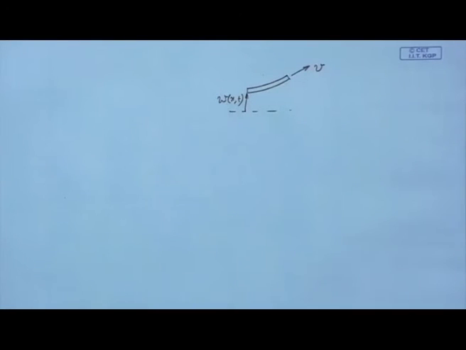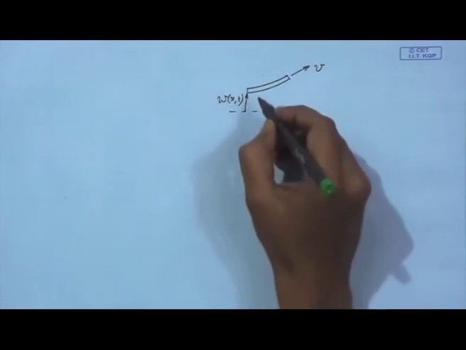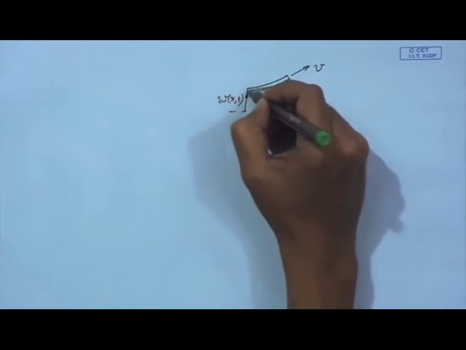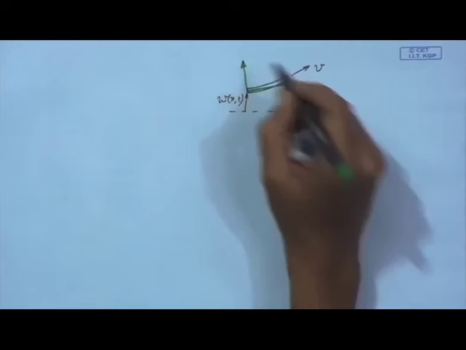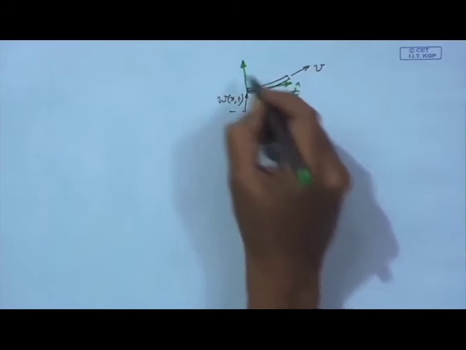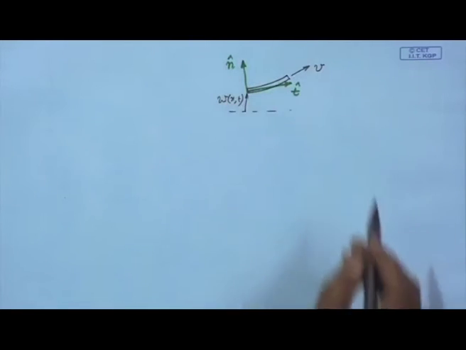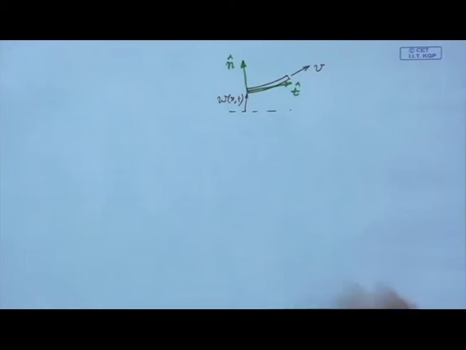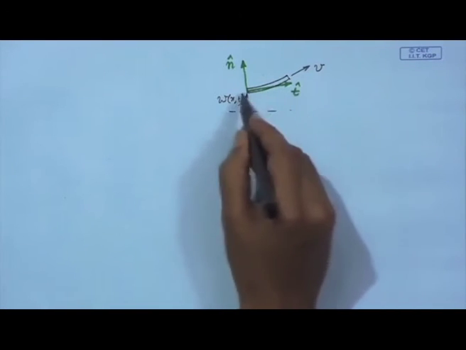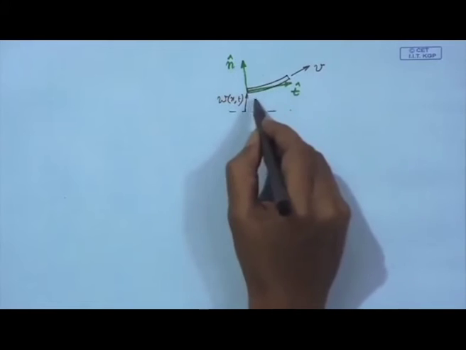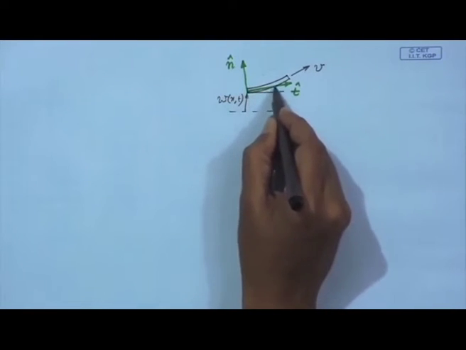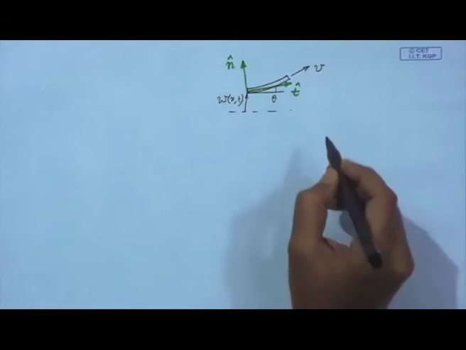In the Newtonian approach, what we need to do is consider a frame with this element. So, this is the tangential direction to the string, and this is a normal. So, this frame rotates. So, this angle is theta.